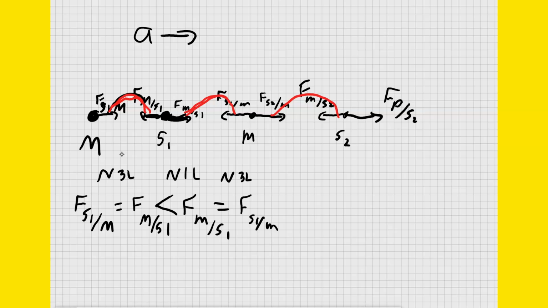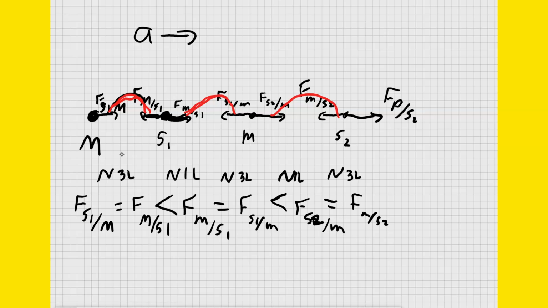But then the force of S1 on little m must be less than the force of string 2 on little m because of Newton's first law again. Because the acceleration has to point to the right. And if the acceleration points to the right, this force of S2 on little m has to be bigger than the force of string 1 on little m. Okay, and then this equals the force of little m on string 2, because again, Newton's third law.